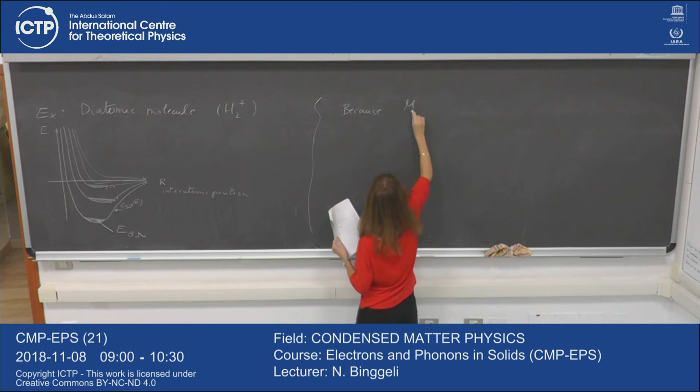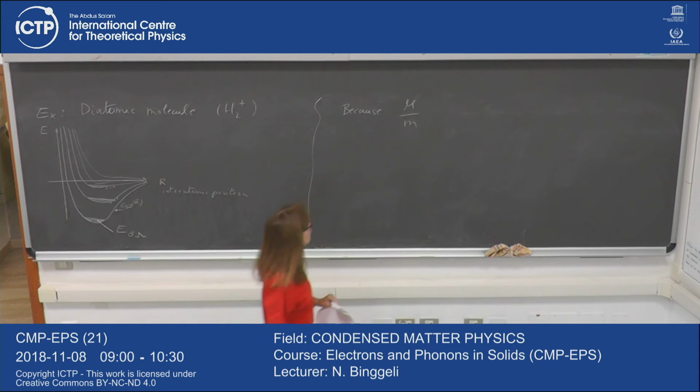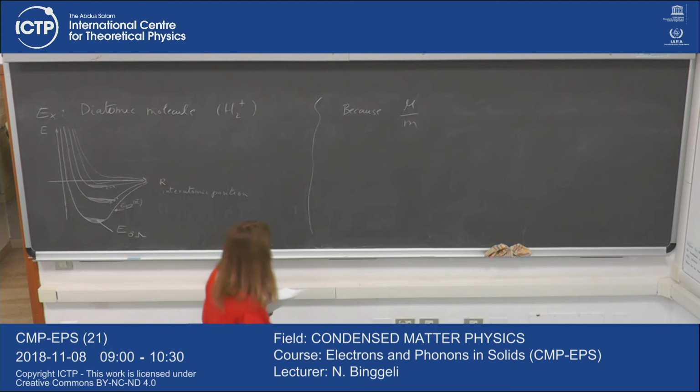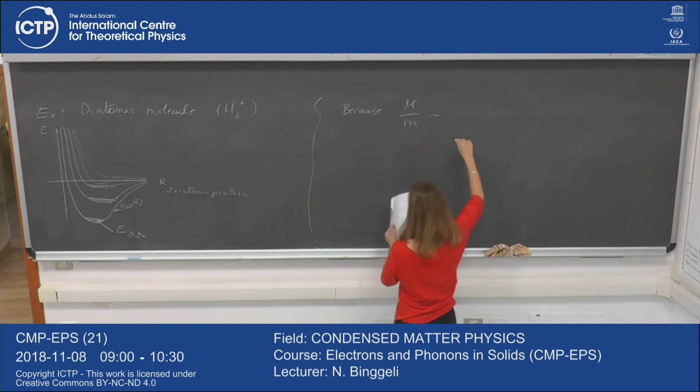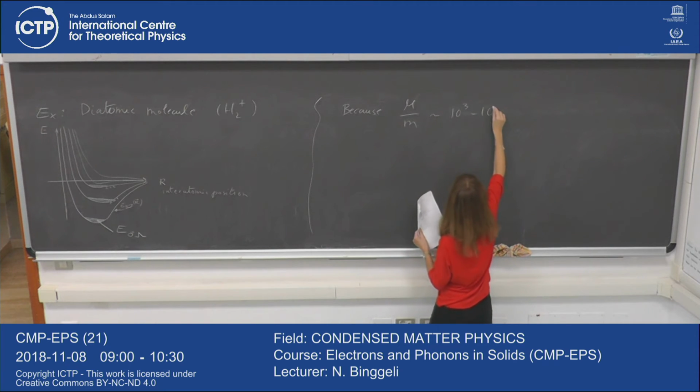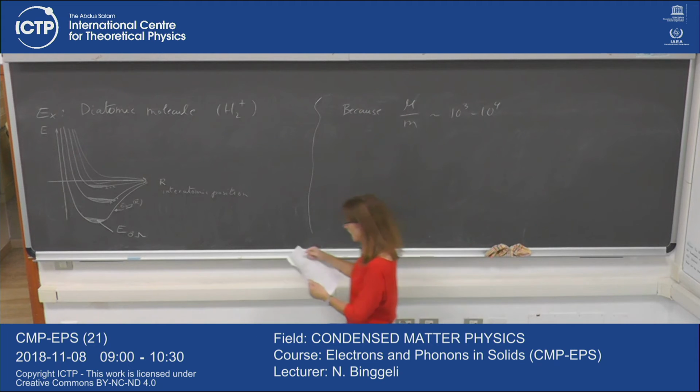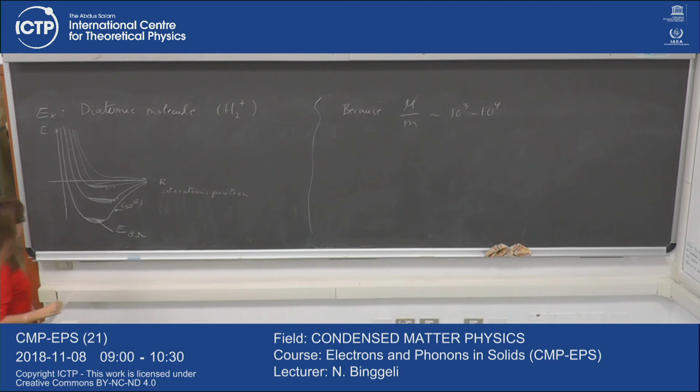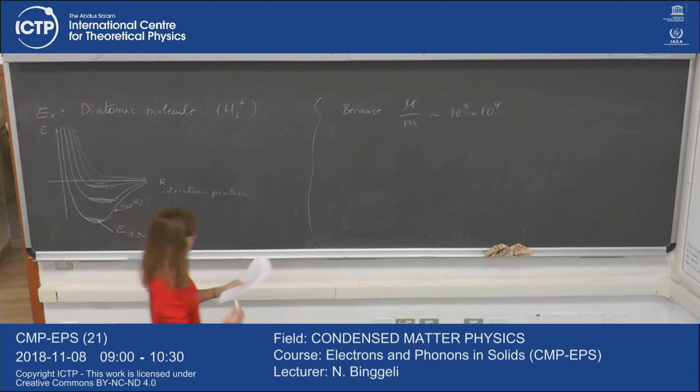The mass ratio of the nuclei to the electronic mass is so huge, of the order of 1,000 to 10,000, that the spacing between the vibrational states here is going to be extremely small compared to the difference between the electronic eigenvalues.